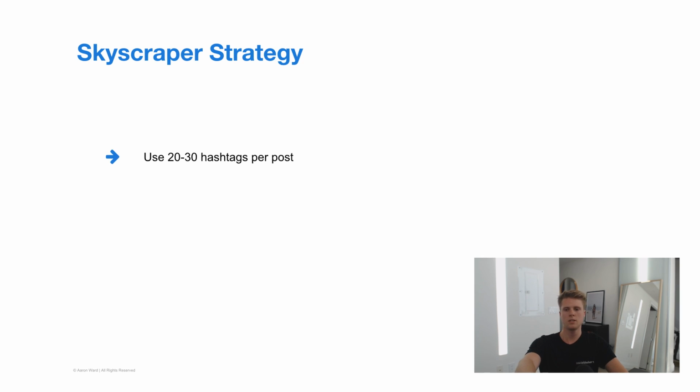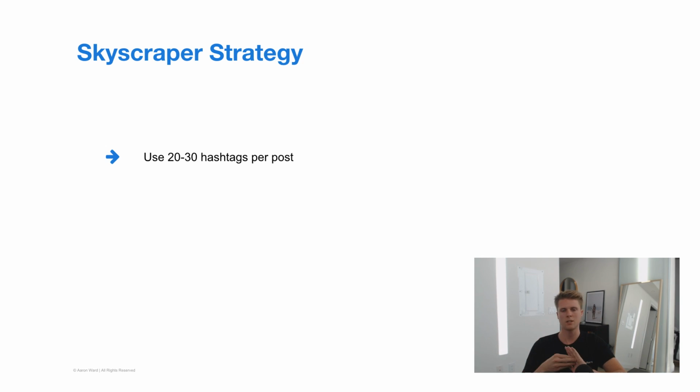What we're going to be doing is using 20 to 30 hashtags per post. And if you're not really aware of what hashtags are, basically on Instagram, if you add a hashtag to your image, it's just categorizing what that image is about. So let's say you upload a picture of your dog and you put in hashtag dog, either in the caption or comments. We'll get to this after, where you can place hashtags.